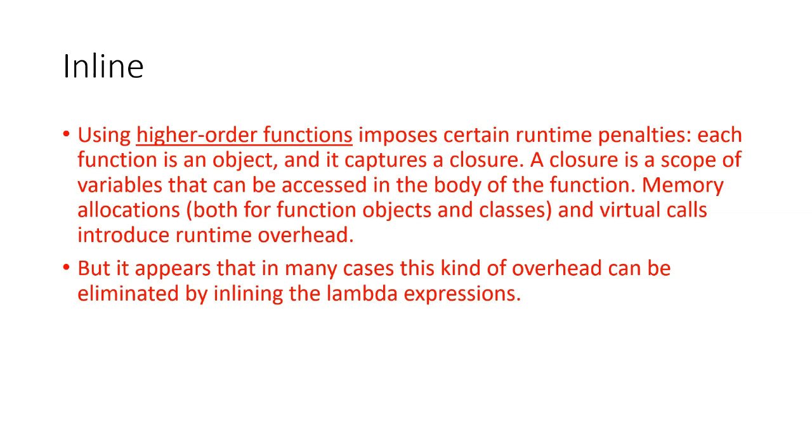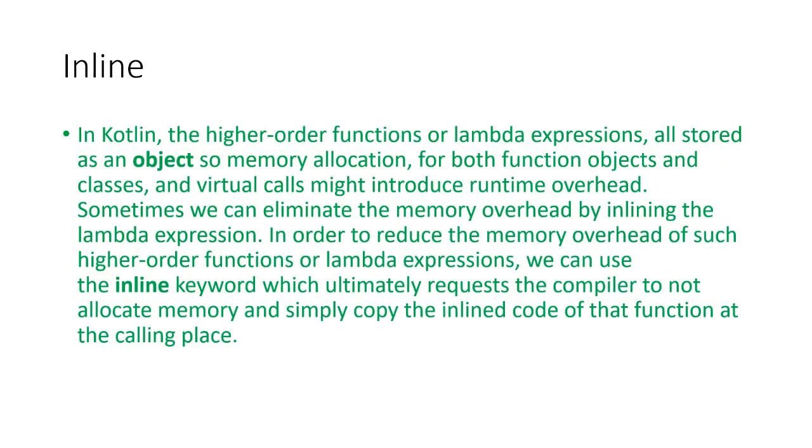So there are a lot of memory allocations. But in many cases this kind of overhead can be eliminated. If you use lambda expressions or higher-order functionality to solve some complex queries, in those cases you have to use inline also. So in Kotlin, the higher-order function, that is, the lambda expression, is stored as an object.